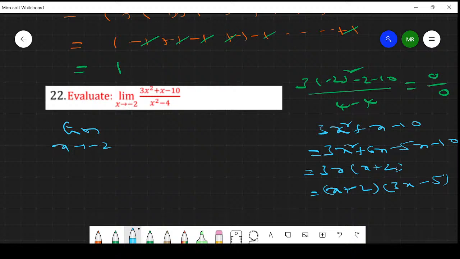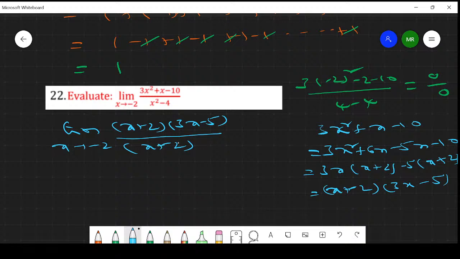Be careful here: minus 5 into x plus 2, again take x plus 2 common, giving x plus 2 into 3x minus 5. So I can write the numerator as x plus 2 into 3x minus 5, over x plus 2 into x minus 2, which are the denominator factors.